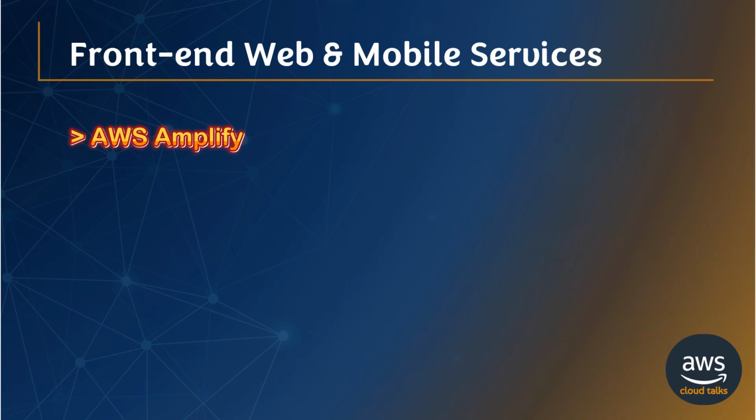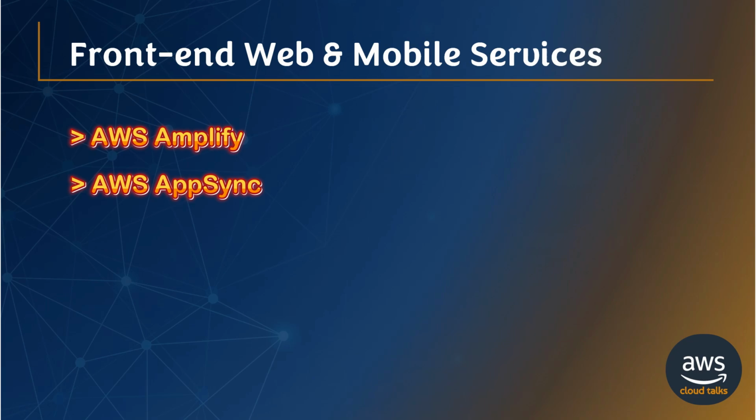Amplify seamlessly provisions and manages your mobile backend and provides a simple framework to easily integrate your backend with your iOS, Android, web, and React Native frontends. Amplify also automates the application release process of both your frontend and backend, allowing you to deliver features faster.